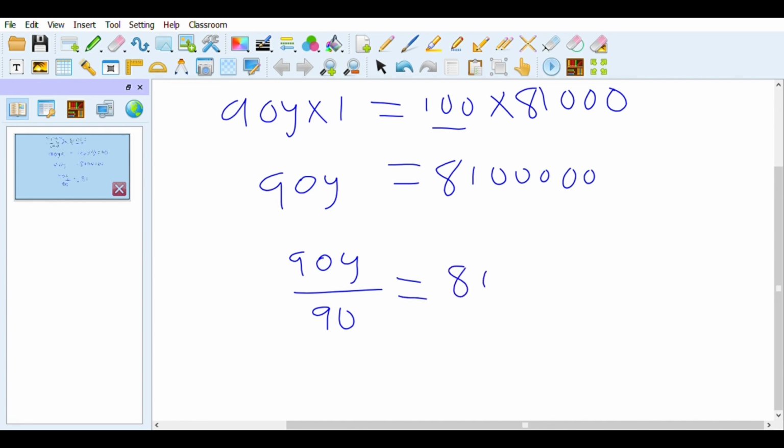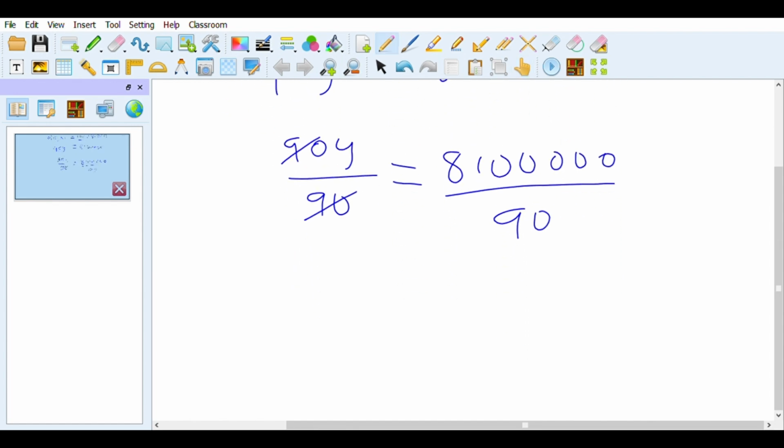So 81,000,000 divided by 90. This 90 will divide this 90, and then we'll have just y left, and this will take out 1 here. We know that 9 can divide 81. 9 times 9 is 81, so we have 9 and 4 zeros. So remember, what is this y?